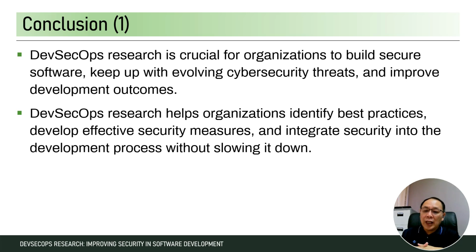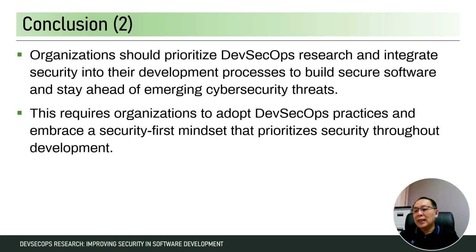And the research would actually help the organization to identify best practices, develop effective security measures, and even integrate security into the development process without slowing it down. That's actually the idea.